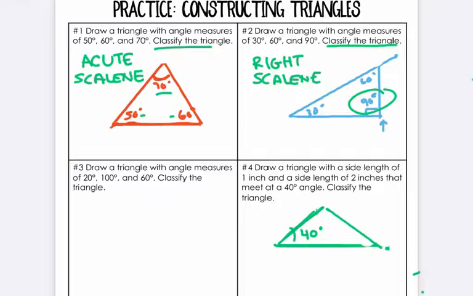So if you notice here, this is bigger than 90 degrees. So we know that it is obtuse, and there are no two sides that are the same, so it is also scalene. You are also welcome to go back to your notes and look at those to remind yourselves how to classify them by sides and by angles.